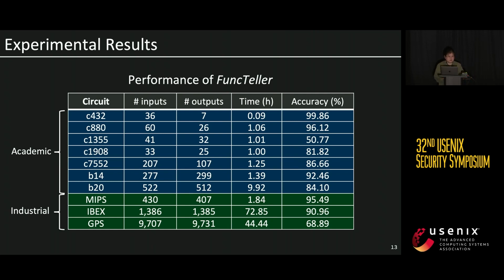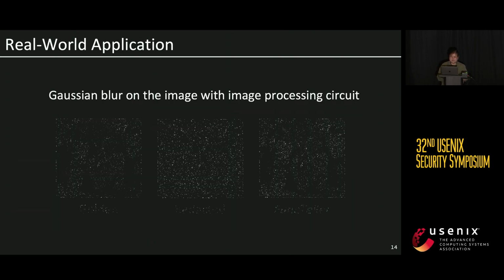It includes academic designs and industrial circuits as well. This result table shows the scale of the design, the required attack time, and the accuracy achieved by FuncTeller. Notably, on the IBEX processor, within a reasonable attack time, FuncTeller achieved an accuracy of greater than 90% on this processor.